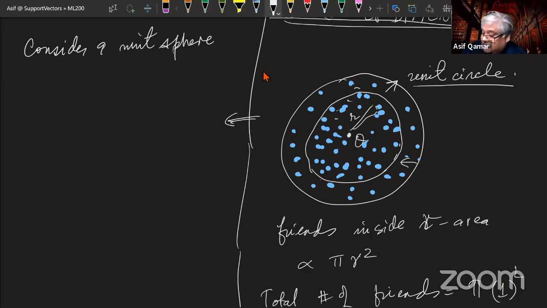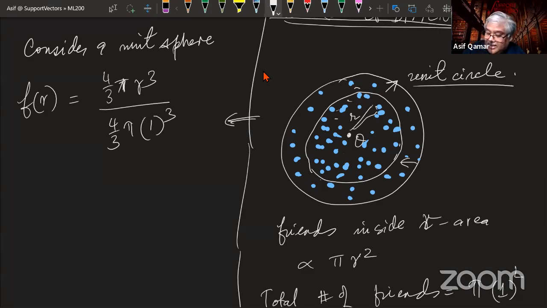Here, the number of friends is proportional now to the volume, and volume goes as 4/3 pi r cubed. In the case of the unit sphere, as a proportion, it would be divided by 1 cubed. And so it will be equal to r cubed. So if r cubed is equal to half, r is equal to the cube root of half.